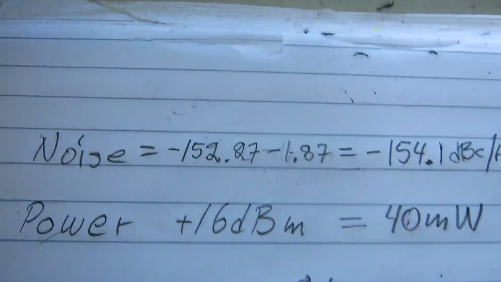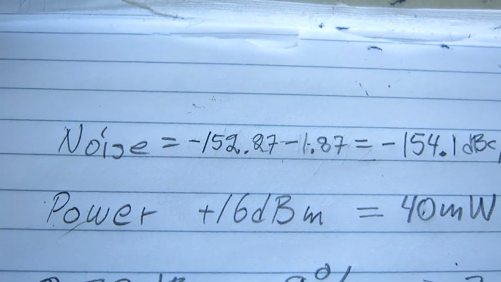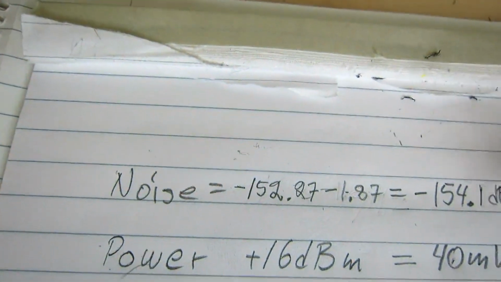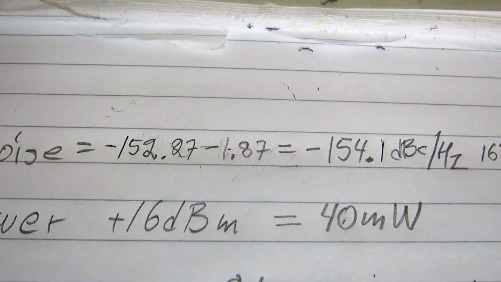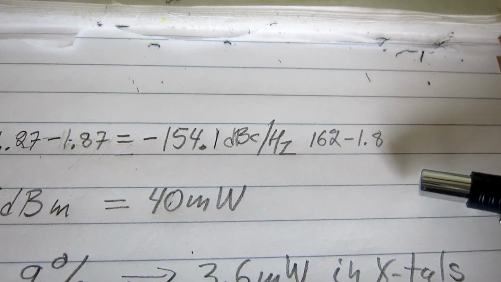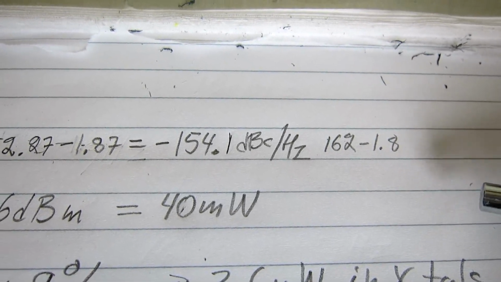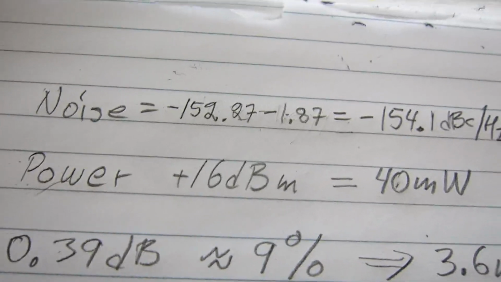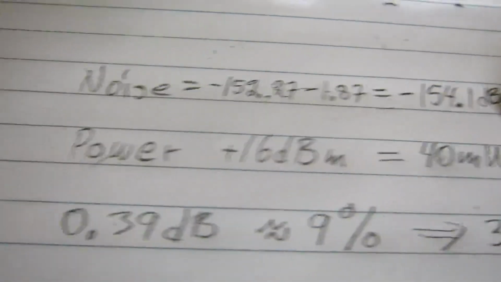With the filter at the receiver input, the noise I see at 270 Hz, around that, was minus 154 dBc per Hertz. While describing the image in the video, I said minus 162. So that was a mistake. But what I have is minus 154 dBc per Hertz.